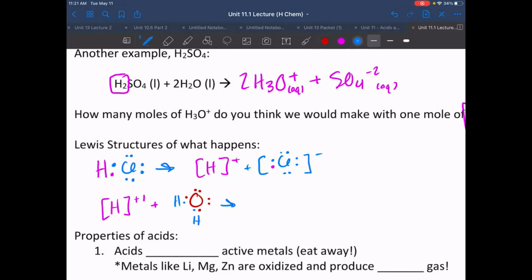But that negatively charged oxygen has enough pull to make what's called the coordinate covalent bond with the hydrogen from the acid. So what we end up having is our hydronium. Hydrogen just kind of hangs out there on one of the lone pairs. And then this whole thing gets a charge of +1.